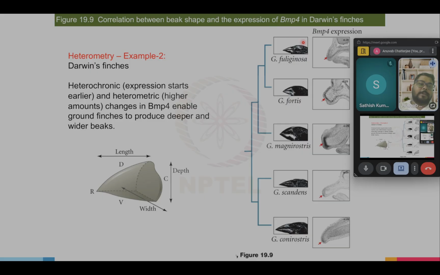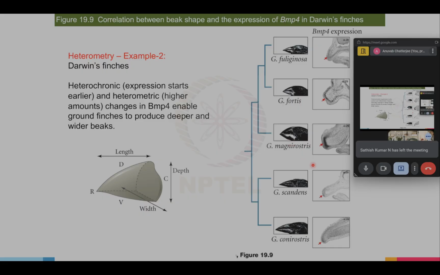Later, studies were done and people figured out that the expression of BMP4 determined how thick the beak can be in these particular birds. Wherever there is a very high expression of BMP, the beaks are narrower, as you can see right here, and as we have lower and lower expression of BMP, we have thicker beaks.